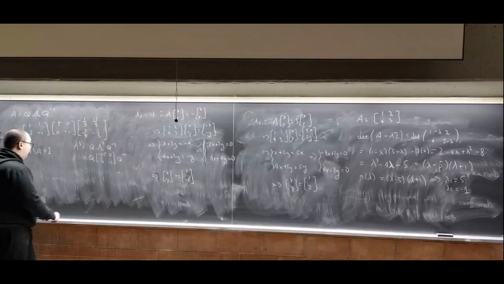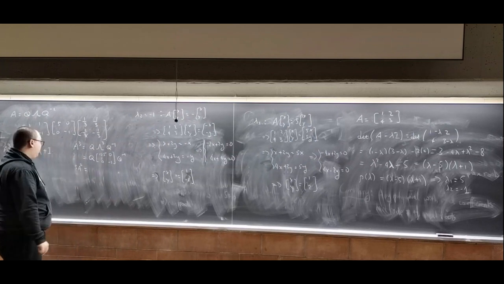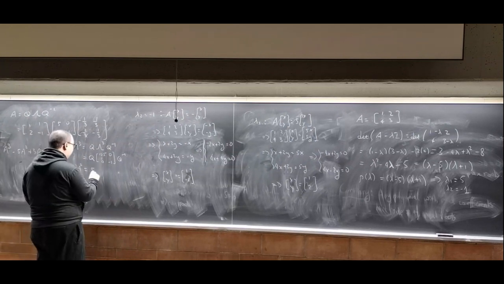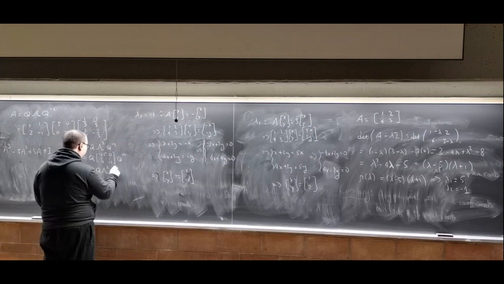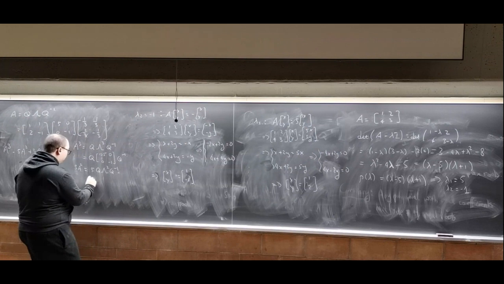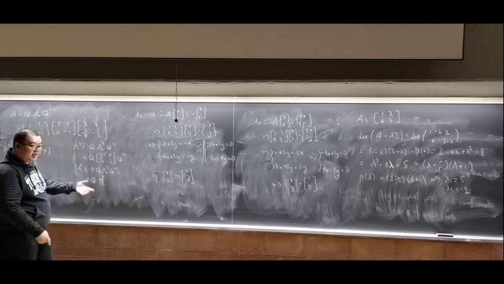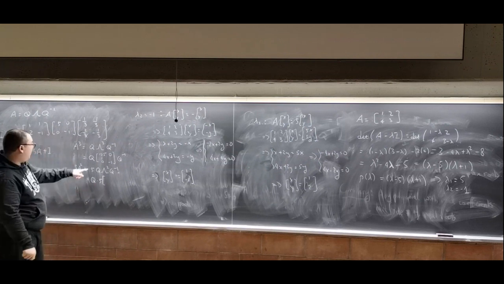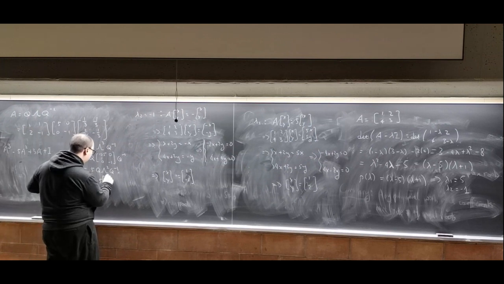Let's do 5A squared. What does 5A squared equal? Well, this equals 5 times Q lambda squared Q inverse, which equals Q times 5 times, because remember 5 is just a number, so it is always commutative, what is lambda squared? 25 and 1.